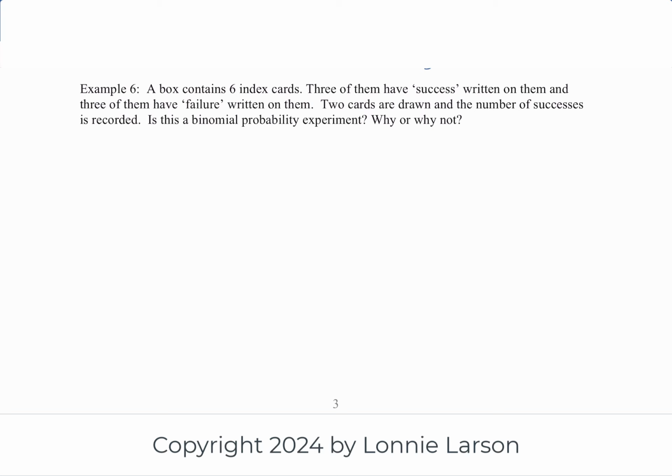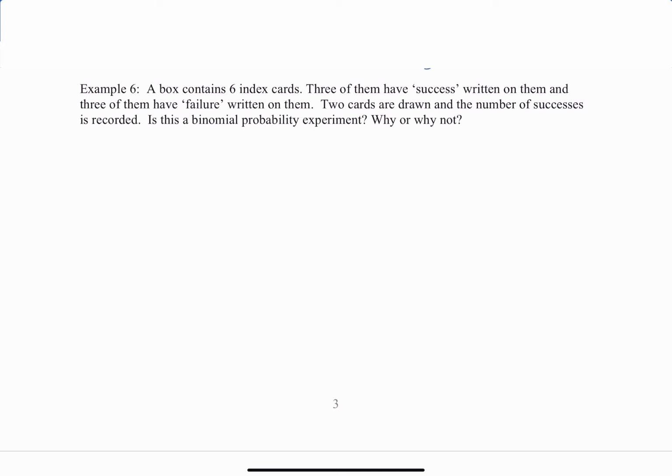In the next example, we'll again be drawing index cards, this time from a single box containing 6 index cards.